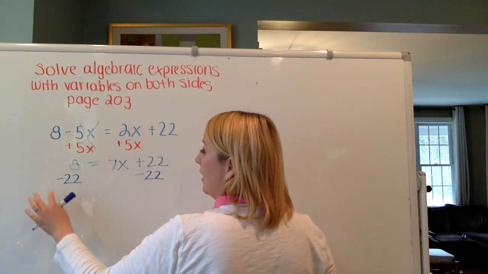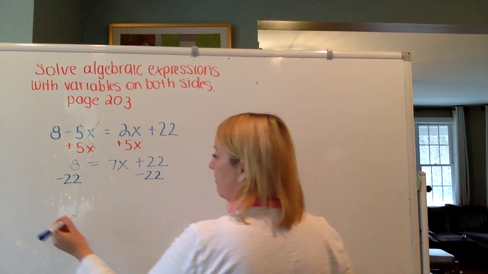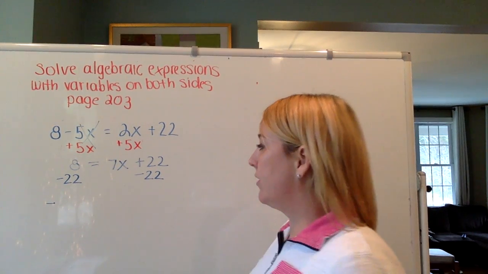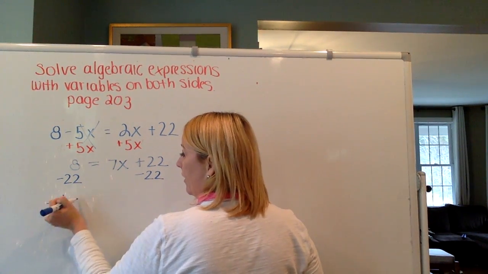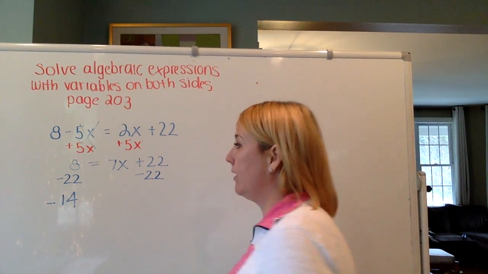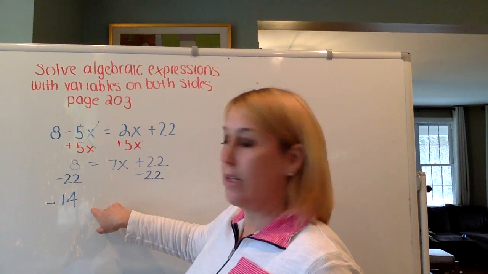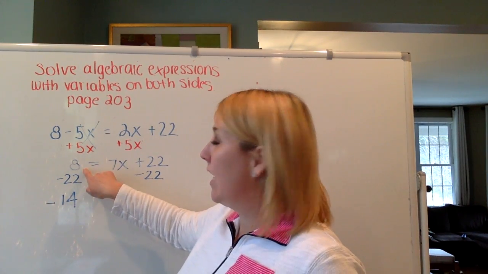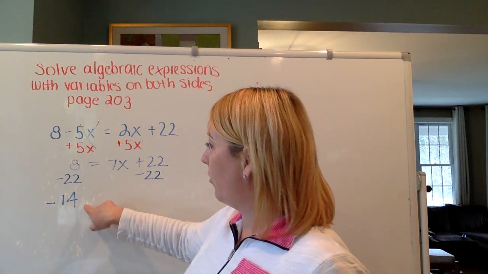So 8 minus 22, we know we're going to have a negative value here because 8 is smaller than 22. And 8 minus 22 is negative 14, right? And I could just check that right now. If I take 14 and I add 8 to it, I should get 22, right? So I know I did it correctly.